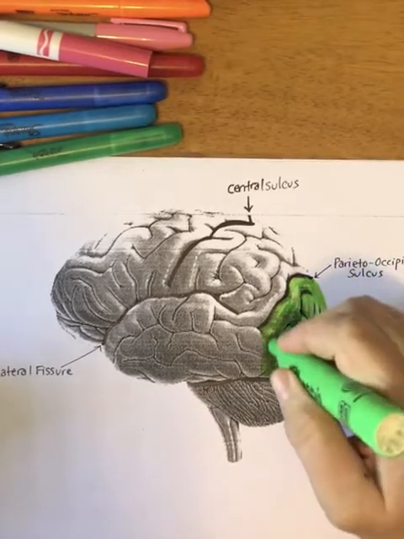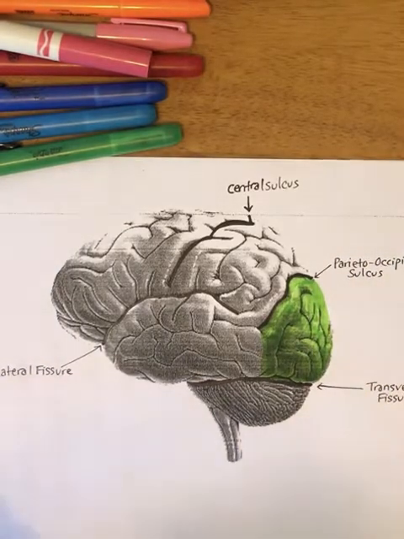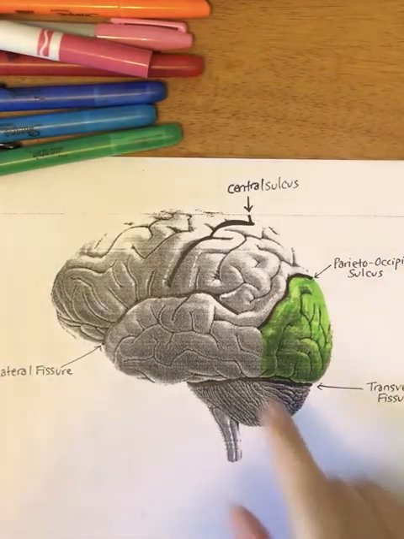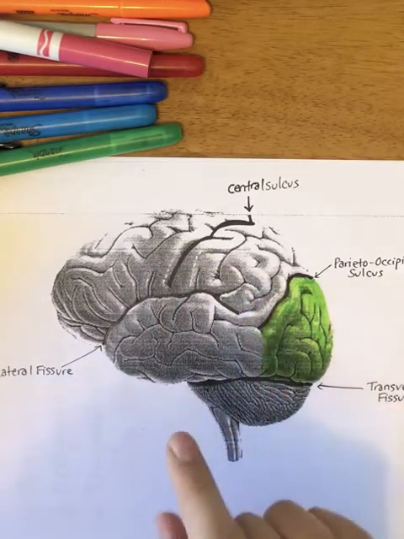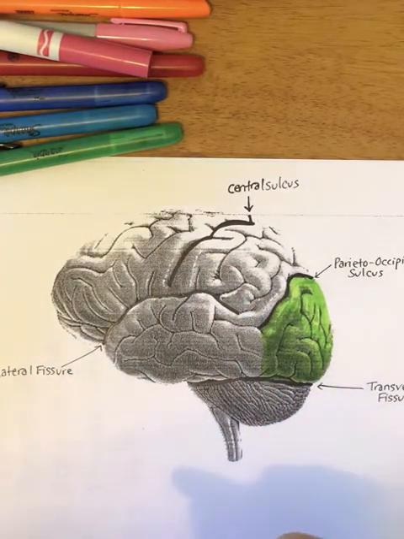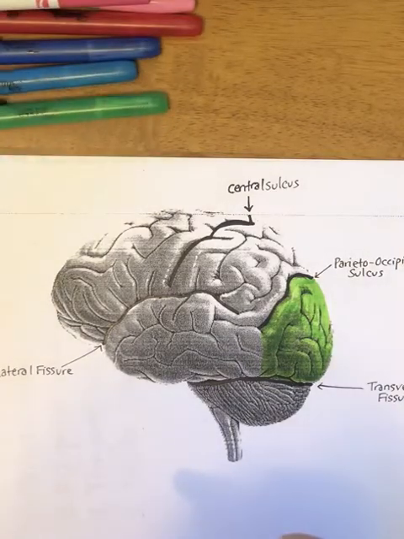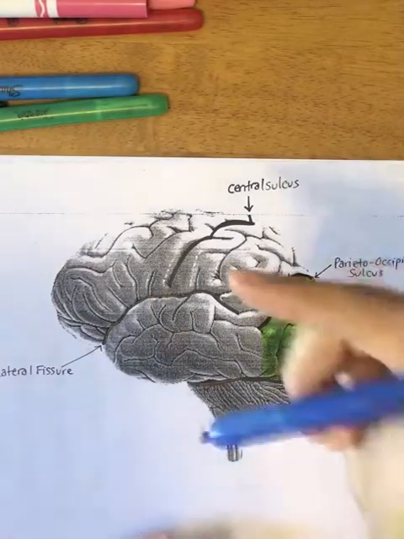You can use any colors that you can find as long as they're different. Now, I will say for the frontal lobe and the parietal lobe, I want you to use the colors blue and red. So you'll see why here in a moment.